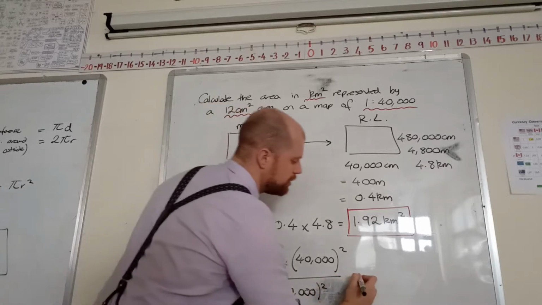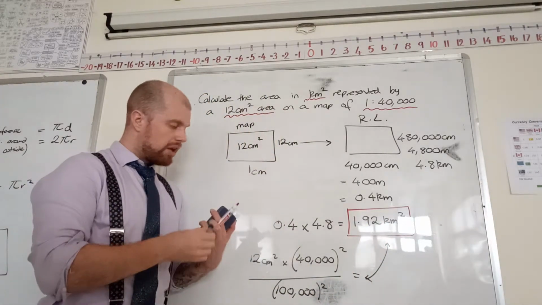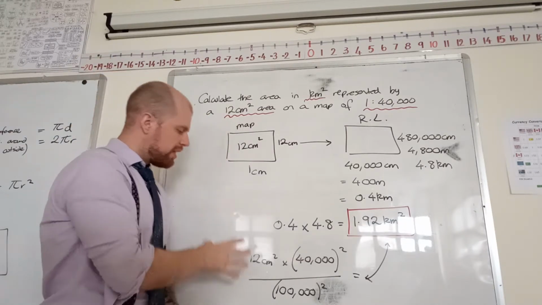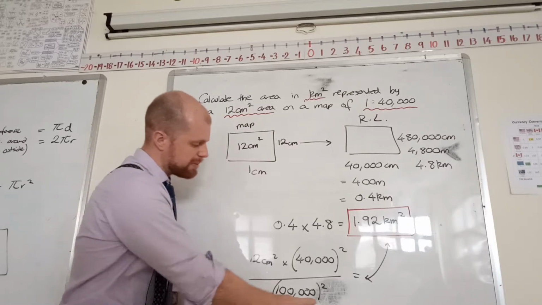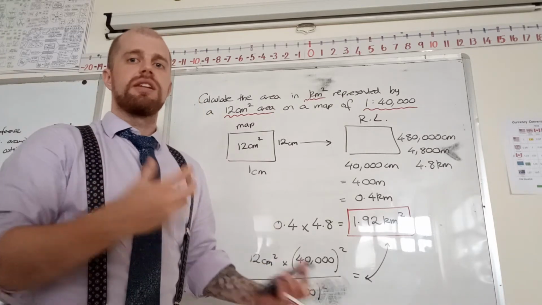And if you do that, you will get the same answer. But my advice would be to use this method because it's really easy and simple. This has a lot of potential errors, especially here when you're trying to convert centimetres into kilometres, and remembering that it's squared as well.